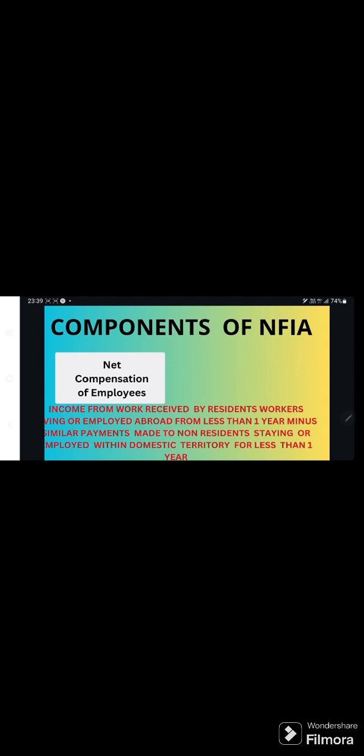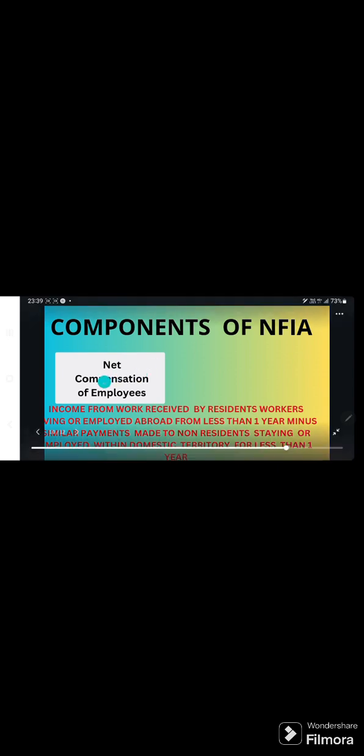In all the 3 cases, just remember it is from minus to, from minus to, from minus to. Now, what from minus to? We'll be studying about how to arrive at net compensation of employees, how to arrive at net income from property and entrepreneurship, and how to arrive at the net retained earnings. If we add all the 3 components, we get the net factor income from abroad.